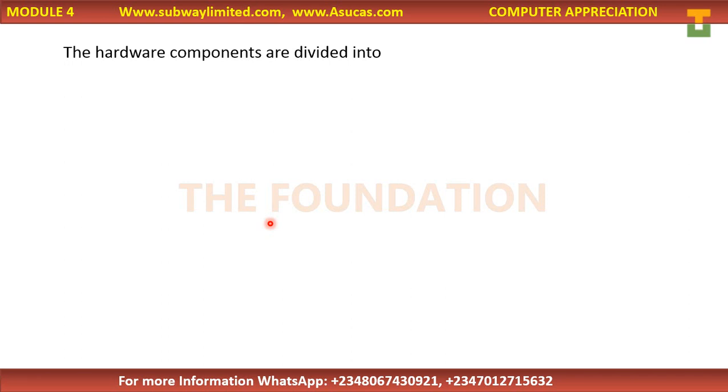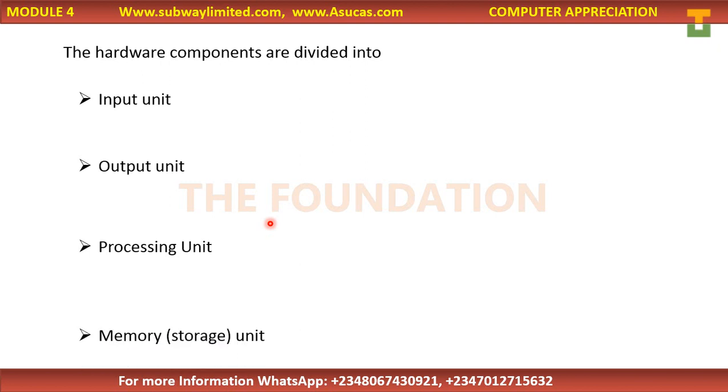Let's look at the hardware components, and we say they are divided into input units. When we say the hardware components, they are divided into the input unit, the output unit, the processing unit, the memory or storage unit.